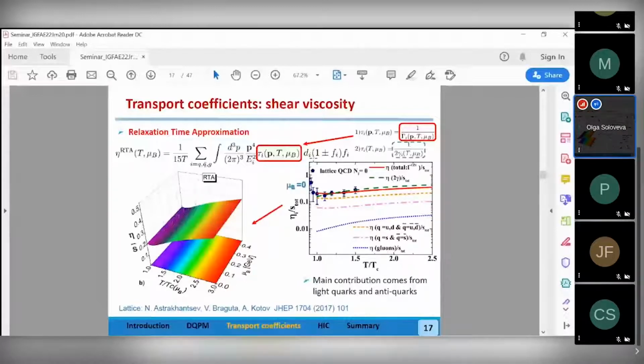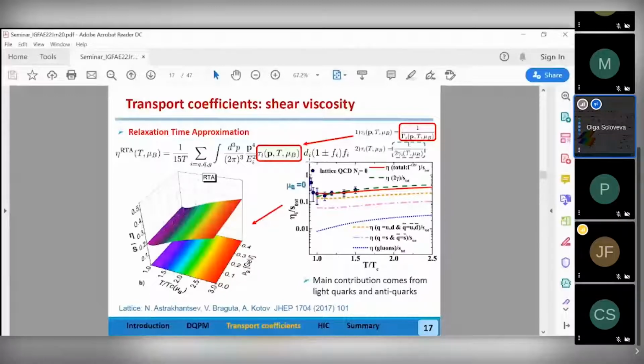And on the plot, I show you the different contributions to this shear viscosity. Here, all the shear viscosities are divided by the same value because η/s is not an additive quantity. So here I show you different shear viscosities divided by the same total entropy density, which coincides with the lattice one.